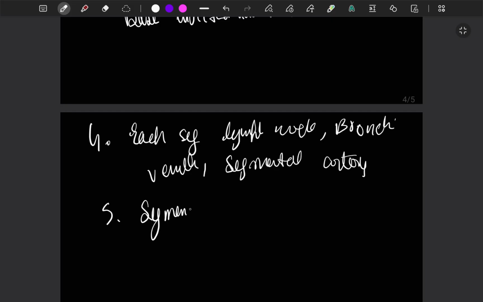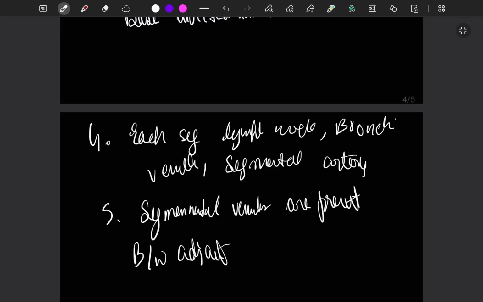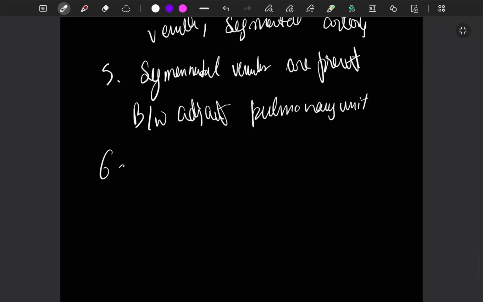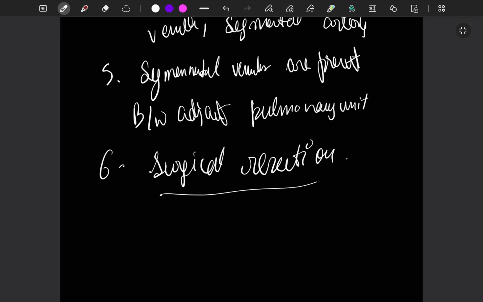Segmental venules are present between adjacent pulmonary units of the bronchopulmonary segment. Number 6, these bronchopulmonary segments are important for bronchial resection during surgeries to isolate a particular segment in case of an infection. So, surgical resection. Alright.